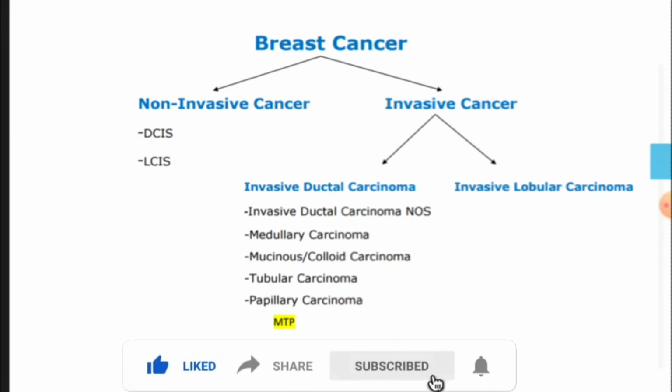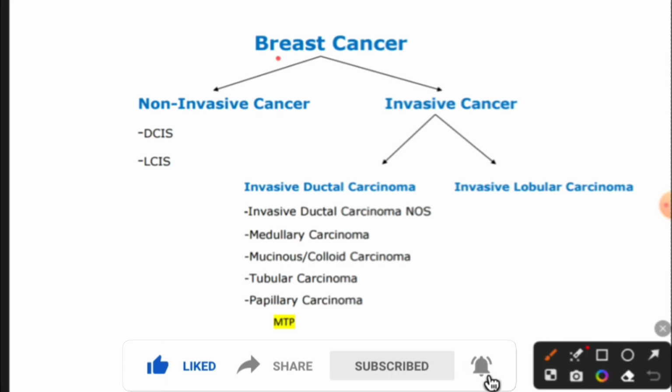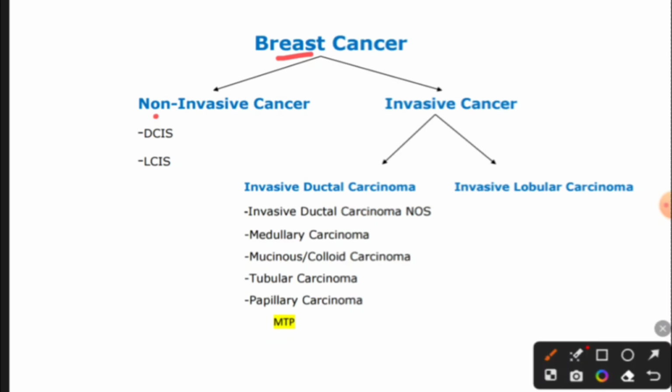With this much background information, we can say that breast cancer can be divided into non-invasive and invasive cancer. A non-invasive cancer includes ductal carcinoma in situ and lobular carcinoma in situ, while an invasive cancer is divided into invasive ductal carcinoma and invasive lobular carcinoma. An invasive ductal carcinoma includes invasive ductal carcinoma NOS, not otherwise specified.